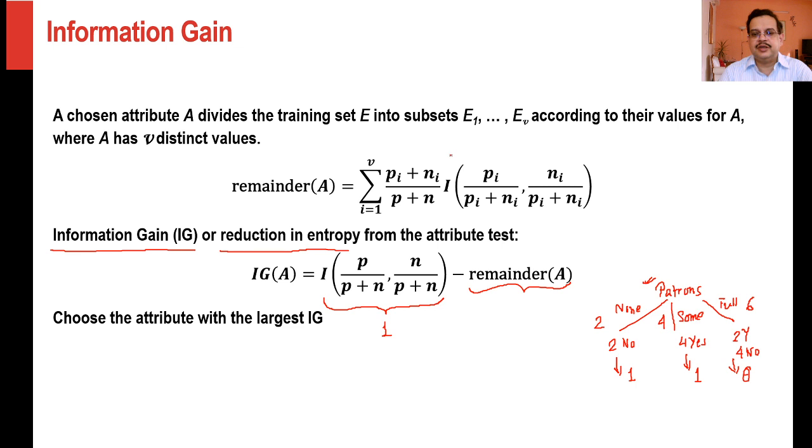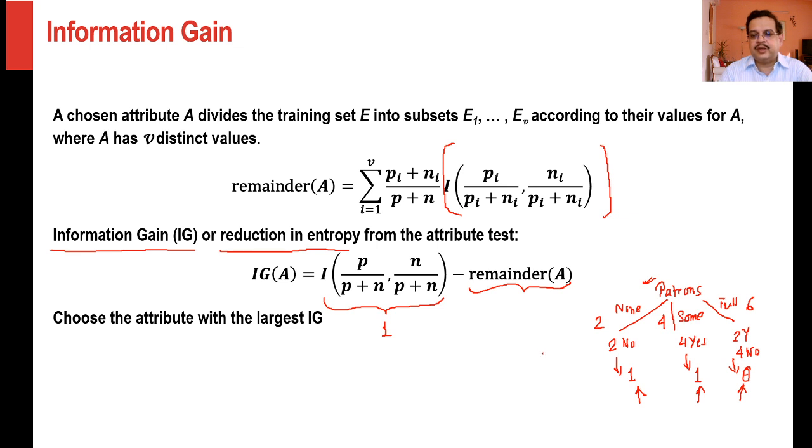As you can see, this term here is the entropy of each of the branches. For the first branch the entropy is 1, for the second branch the entropy is 1, and for the third branch the entropy is theta, whatever it comes to by choosing p is equal to 2 and n is equal to 4.